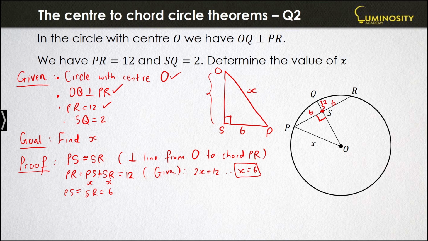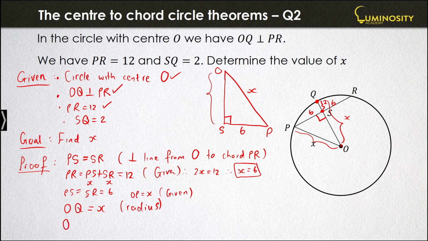How does that help us? Well, we notice that OQ is equal to X because it is a radius, a line from the center to the circumference. That entire length there is X, because we also know that OP is a radius and that length is X as well. So OP equals X is given. But how does that help us?